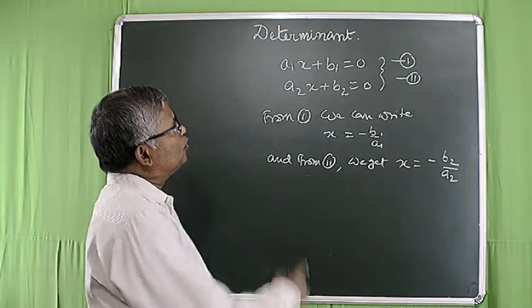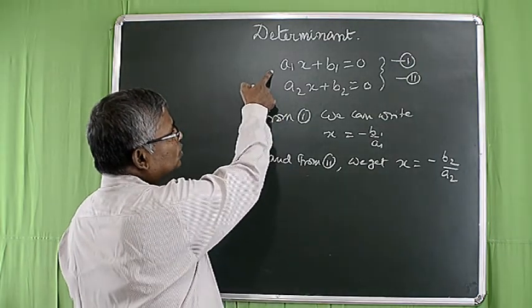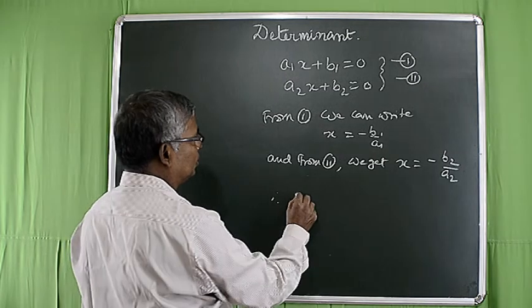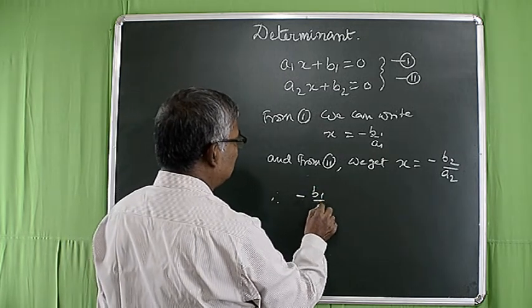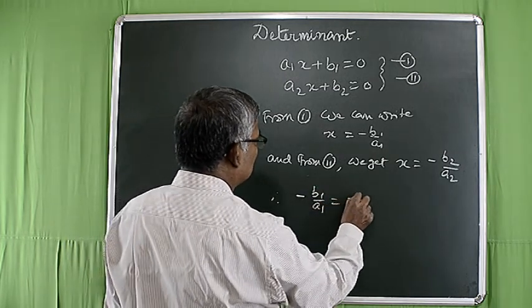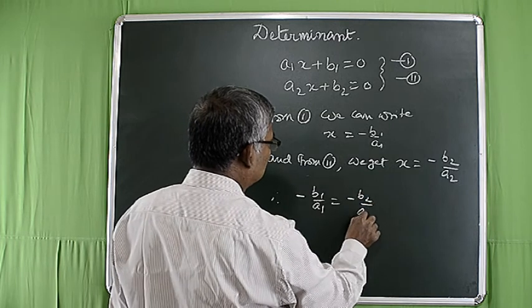Since these two equations have the same root, therefore -b1/a1 = -b2/a2.